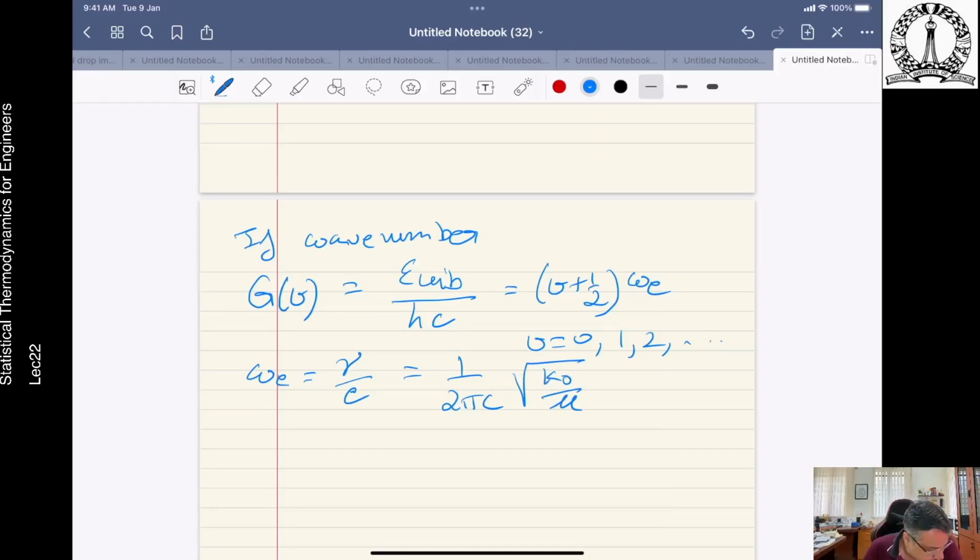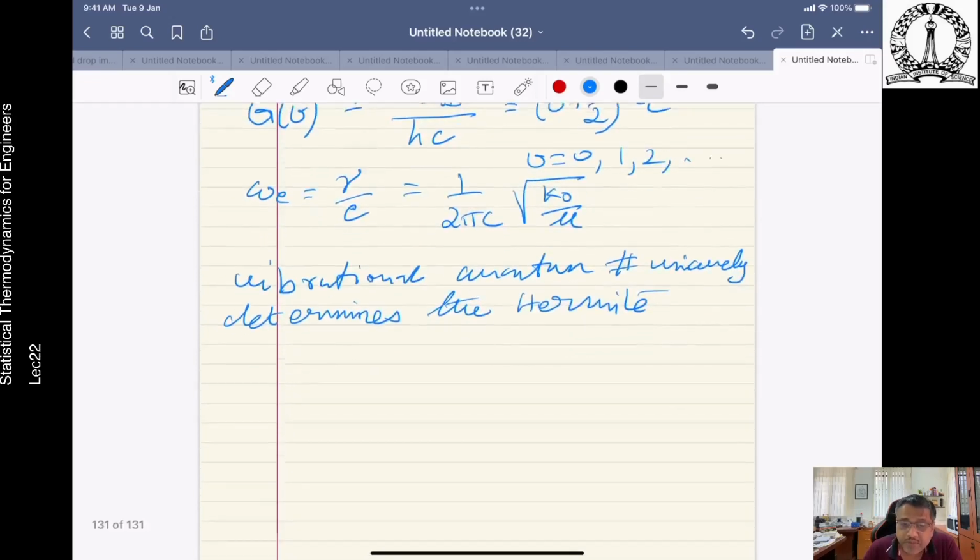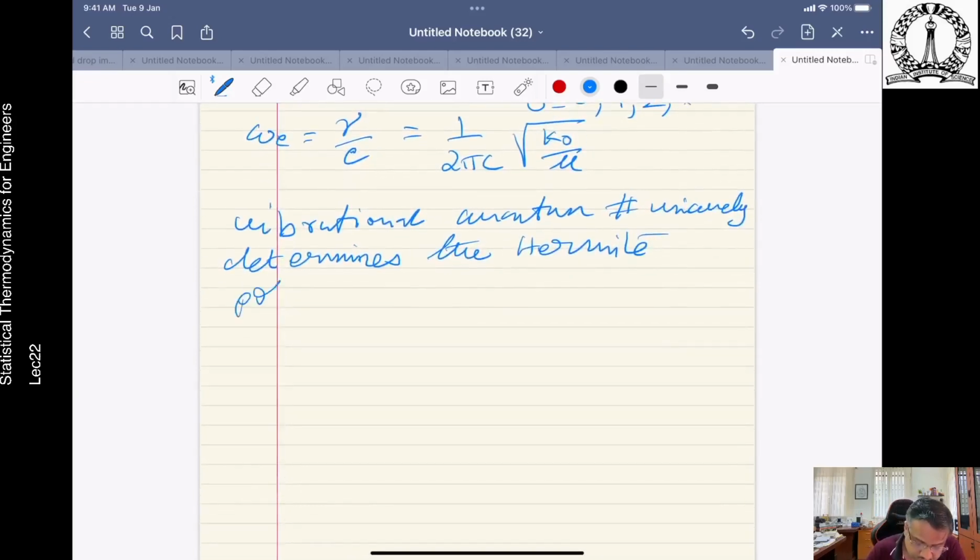So the vibrational quantum number uniquely determines the Hermite polynomial, or in other words, the G vibration is equal to 1.